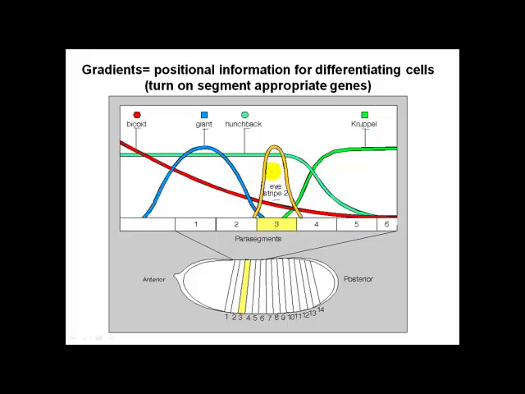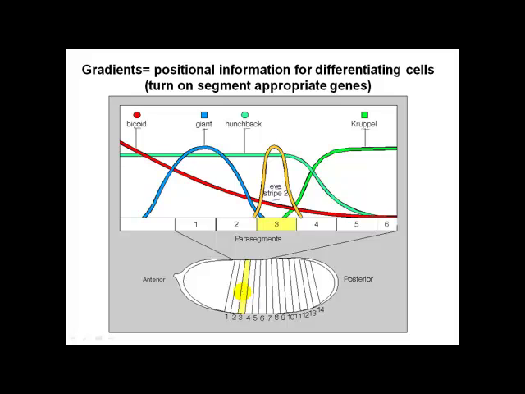And so we see in that specific yellow stripe that we have these specific concentrations of these transcription factors, and as a result we switch on this specific gene called Eve stripe 2, which defines this specific segment and controls what identity it is going to assume.